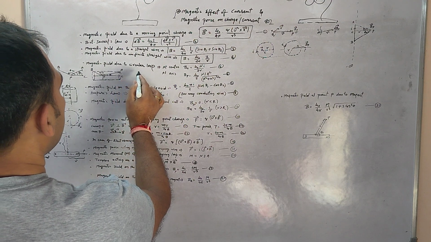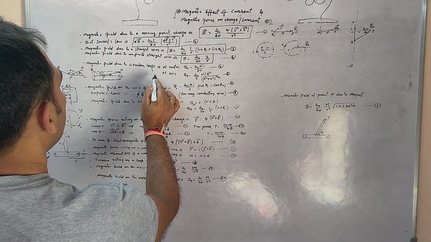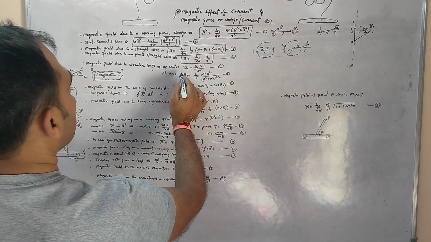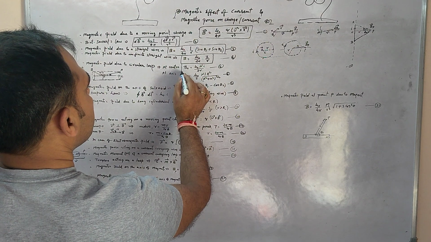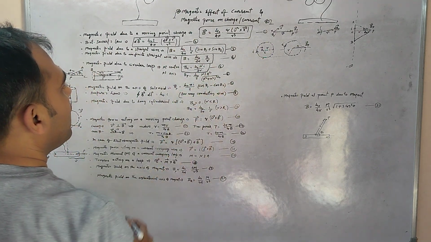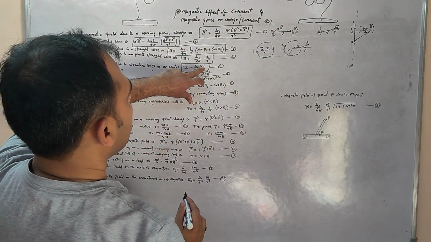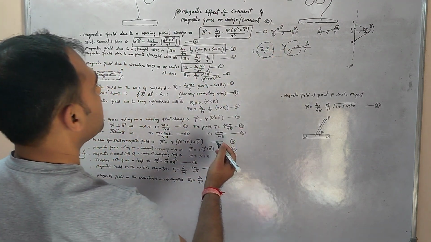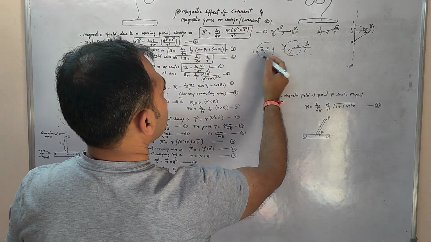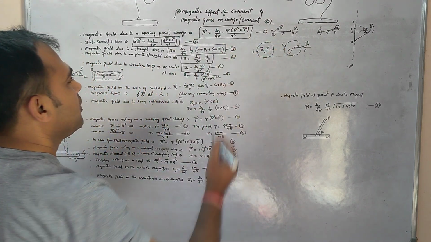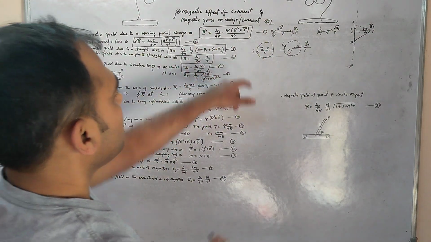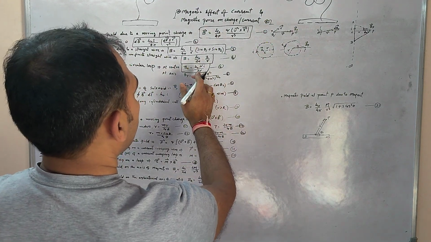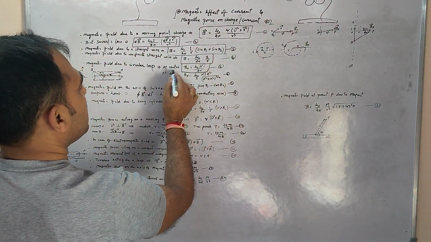Now magnetic field due to the circular loop. Here this is a circular loop. So at center this will be mu naught n I, where I is the current in this loop, by 2r. r is the radius, n is the number of loops in a coil. So B at the center, this magnetic field will become mu naught N I by 2r. This is at center.